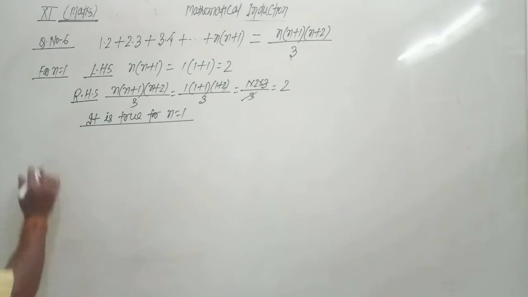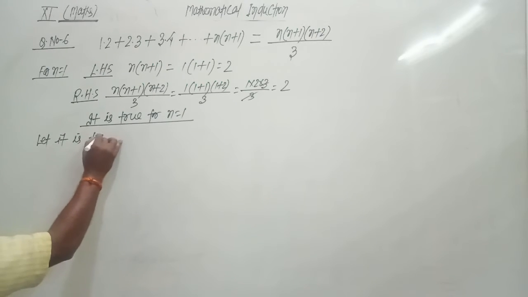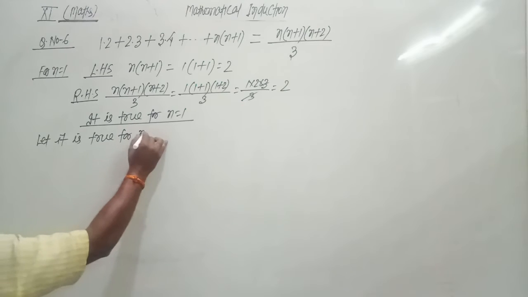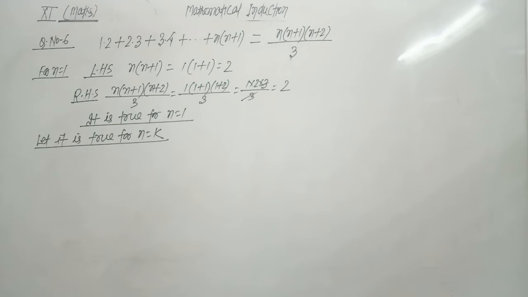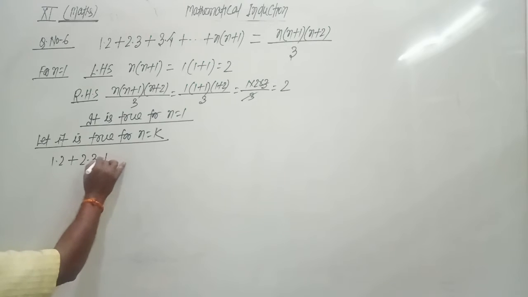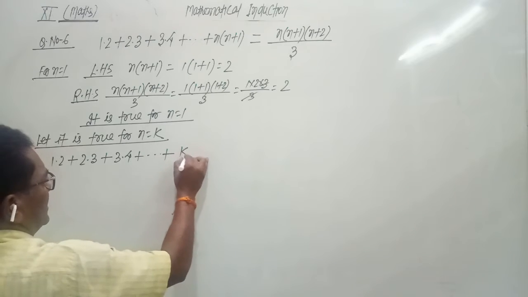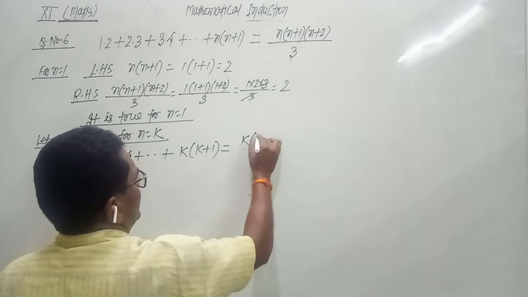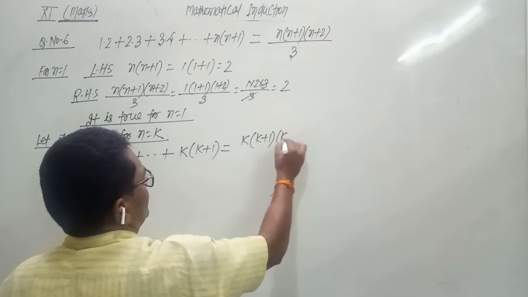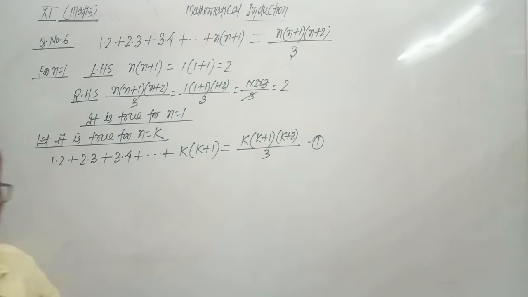Now in the next step, we suppose, let it be true for n equals to k. So put the value of n equals to k on both the sides. 1 into 2 plus 2 into 3 plus 3 into 4 plus dash dash k into k plus 1 equals to k into k plus 1 into k plus 2 upon 3, and name it first number equation.